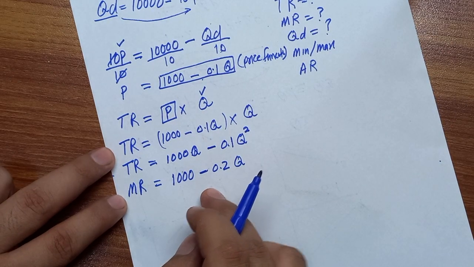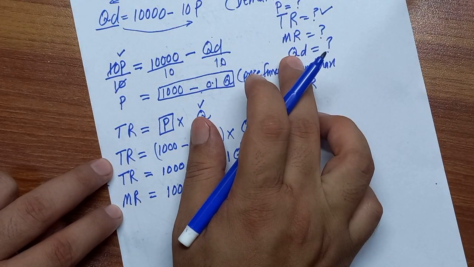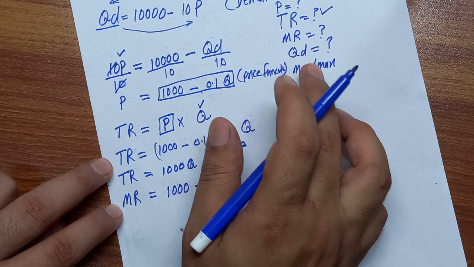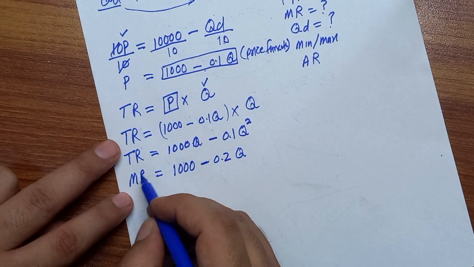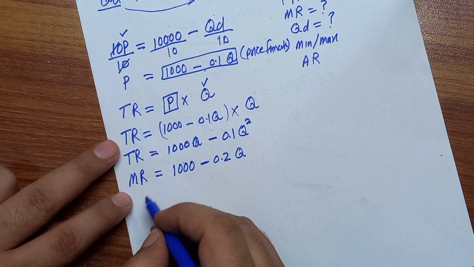Now we can find the quantity of demand, yes, the value of Q we can find. So the value of Q, let's say, equate to 0.